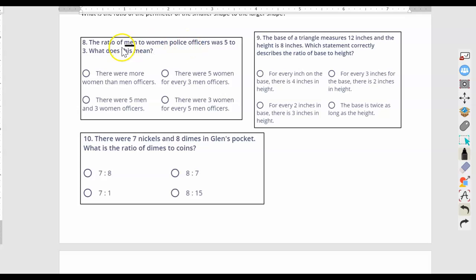Which, 5 or 3? Which number belongs to the men? 5 or the 3? Which number belongs to the women police officers? 5 or 3? So they're always in the same order. 5 men to 3 women. So somehow we're looking for every 5 men police officers, there's 3 women police officers. Or you could say it the other way around.